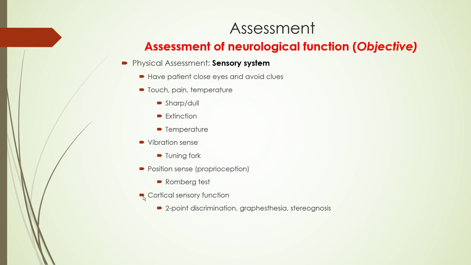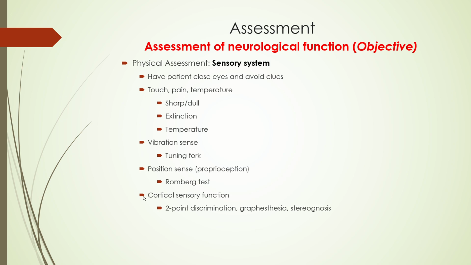Another couple tests are the cortical sensory function tests. The 2-point discrimination is one of them. So for the 2-point discrimination, you typically have something like calipers, like we use for EKG interpretation, where you have 2 points that are a certain amount of space apart, and see if the patient can determine that there are 2 separate points.